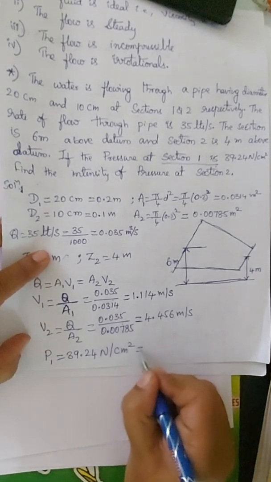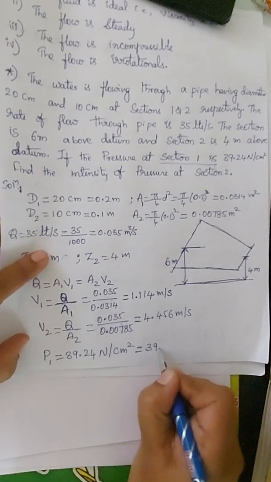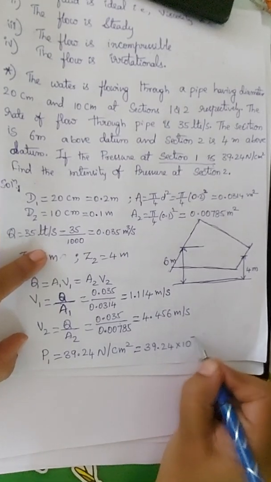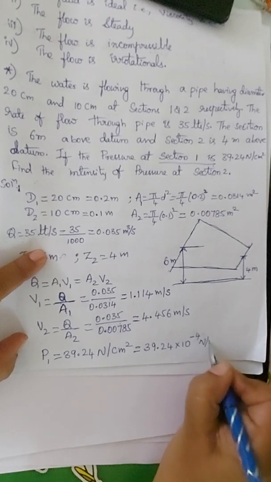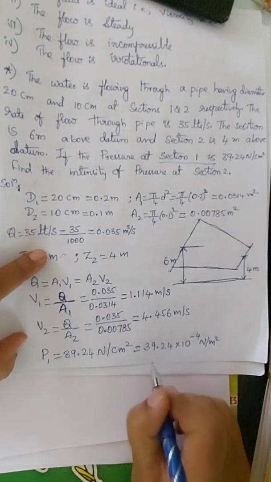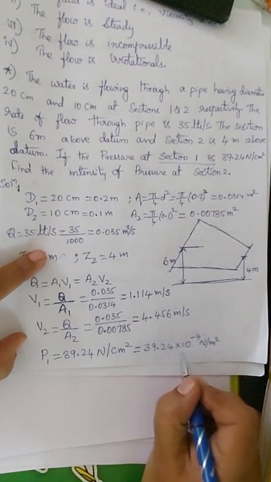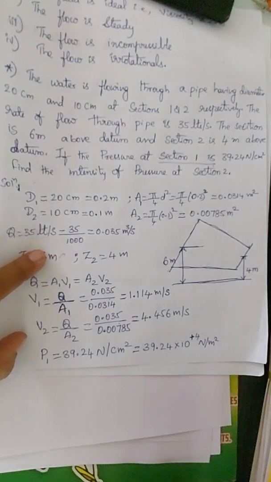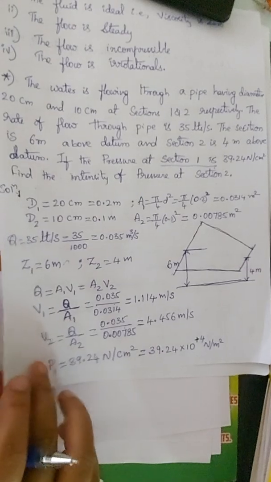Once again convert this to meters. That is 39.24 into 10 to the power of 4 Newton per meter square.